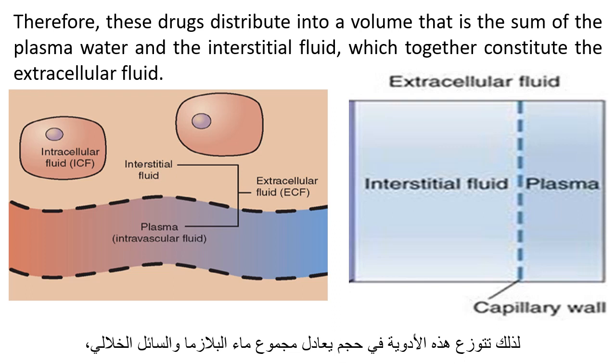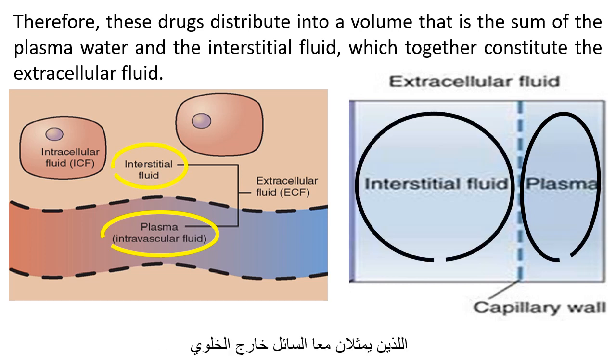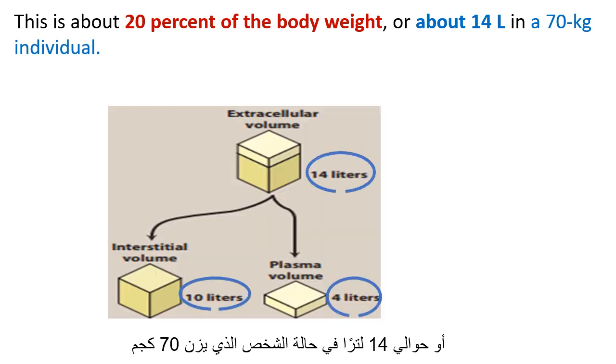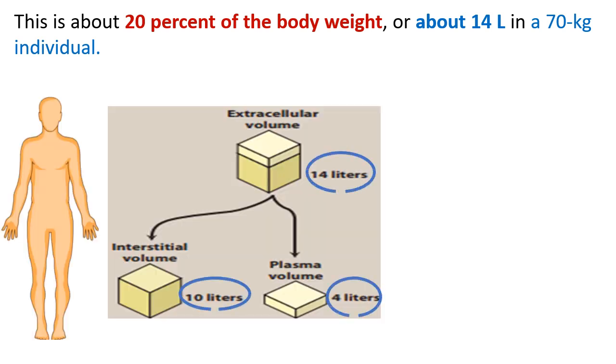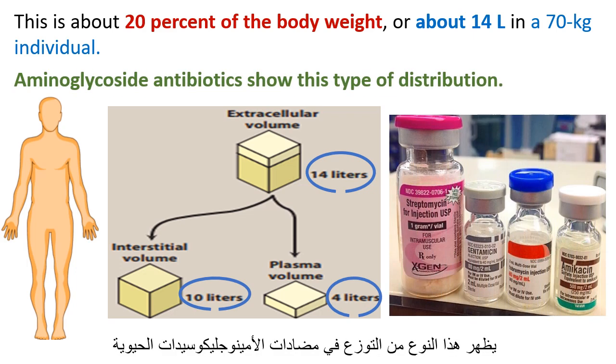Therefore, these drugs distribute into a volume that is the sum of the plasma water and the interstitial fluid, which together constitute the extracellular fluid. This is about 20% of the body weight, or about 14 liters in a 70 kilogram individual. Aminoglycoside antibiotics show this type of distribution.